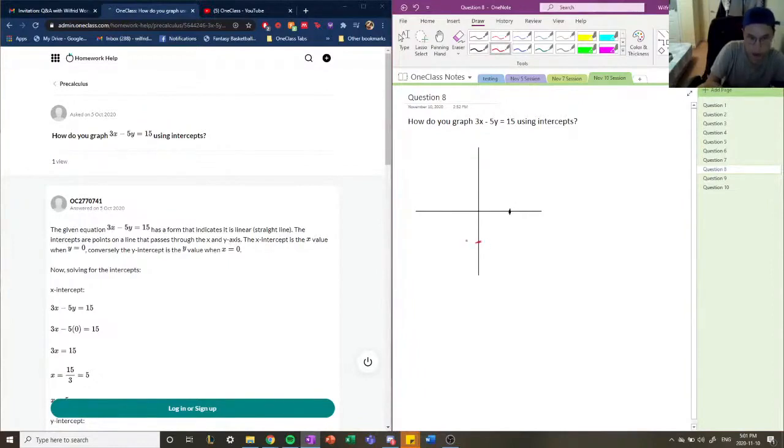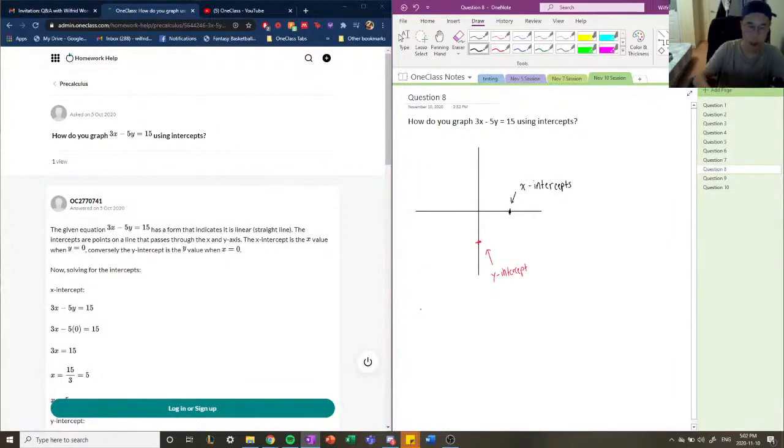So it always has a y-intercept and an x-intercept. We always know that all lines have these two intercepts, and because of that, we can graph our line given the x-intercept and the y-intercept, because you just need to connect these two dots.